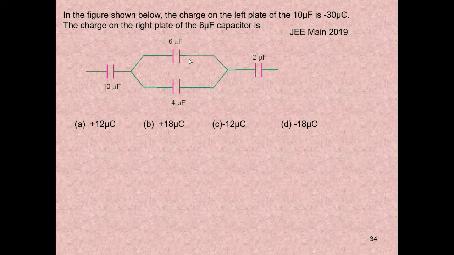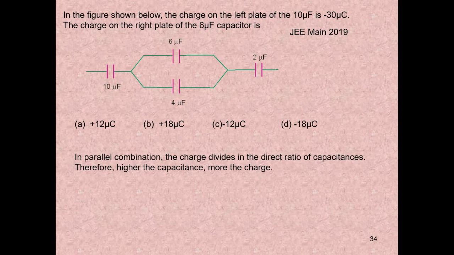So 18 microcoulomb we decided, but he is asking only about this plate, not the full capacitor. The charge on the left plate of the 10 microfarad is given as minus 30. Since the charge here is negative, this will be positive.